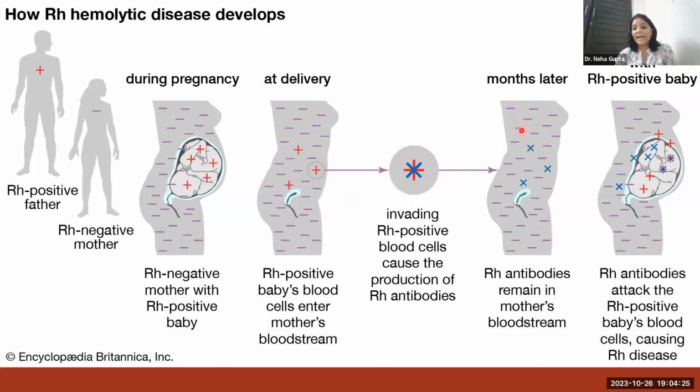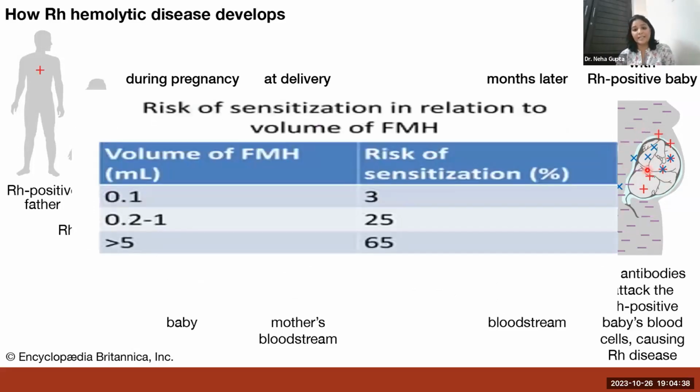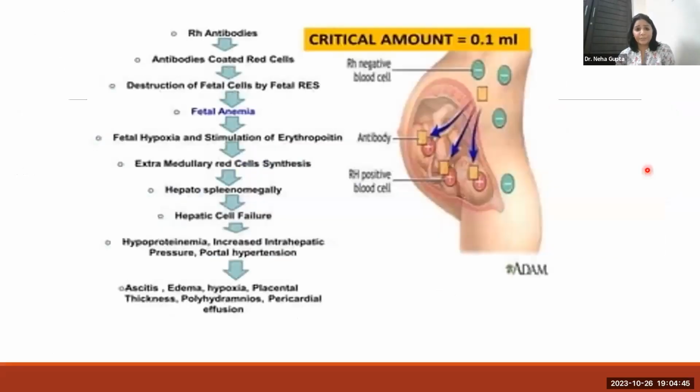So the mother gets isoimmunized and she has this antibody. Now, the first pregnancy is unaffected. In the second pregnancy, if the baby is again Rh positive, then these antibodies enter the circulation and lead to Rh disease. As little as 0.1 ml of blood can lead to sensitization.